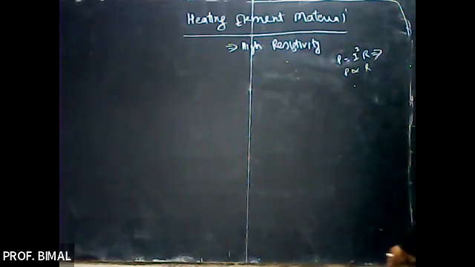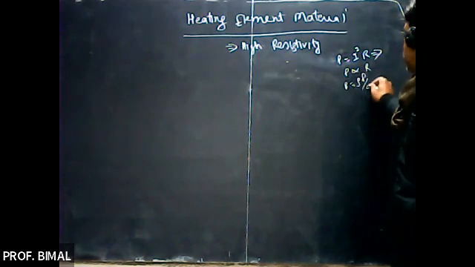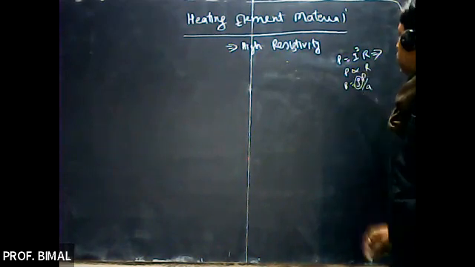The element will be heated in any network, and we know that R is equal to rho L by A. Here rho is the resistivity, right?